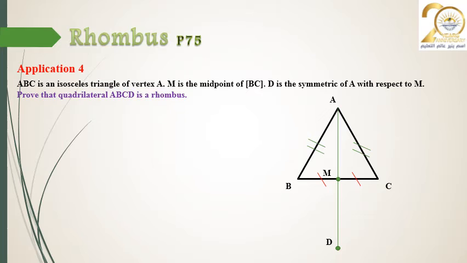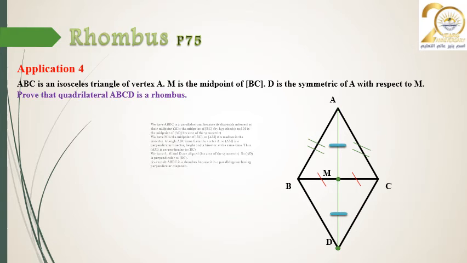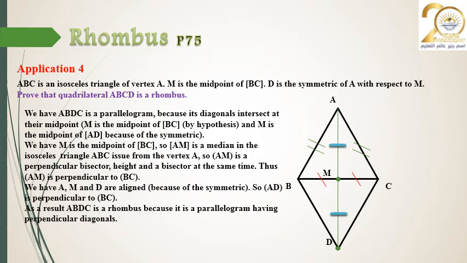So M cuts BC into two equal parts because it's the midpoint of BC. So BM is equal to MC. And D is the symmetric of A with respect to M. That means D is as far from M as A is from M. So the distance between A and M is equal to the distance between D and M. So we have to prove that ABCD is a rhombus.